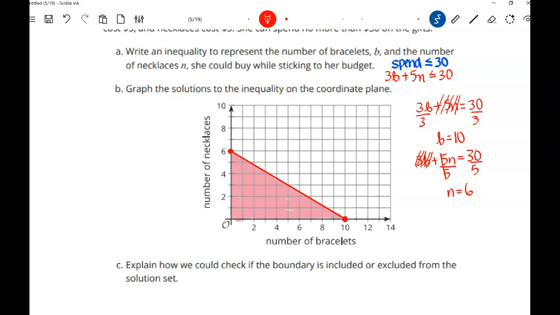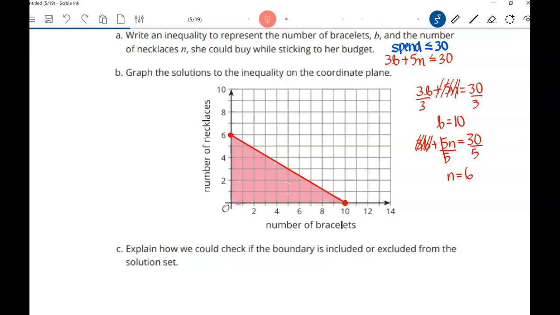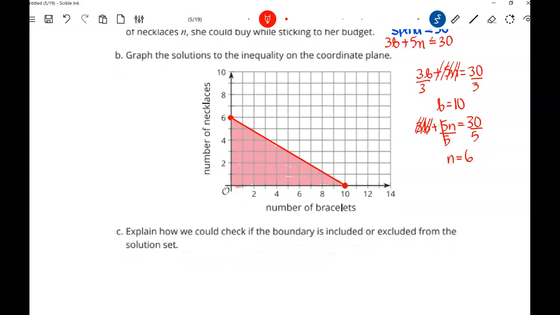C says explain how we could check to see if the boundary is included or excluded from the solution set. So the way we could check is we could check a point on the line and see if it makes sense to the problem.